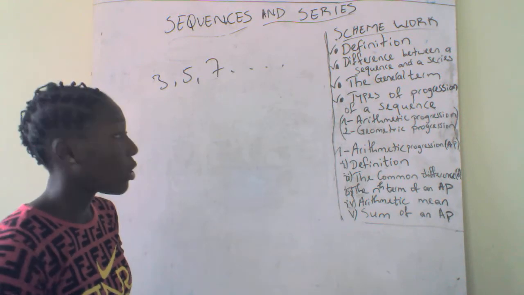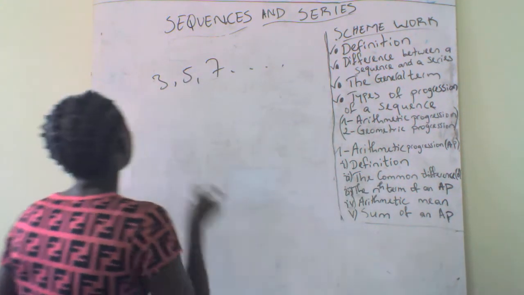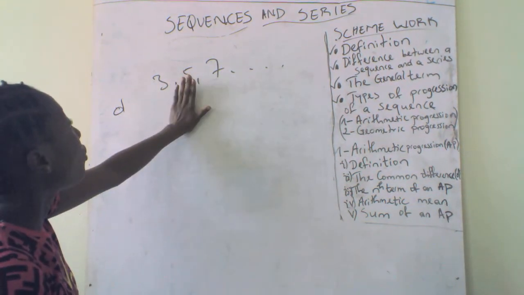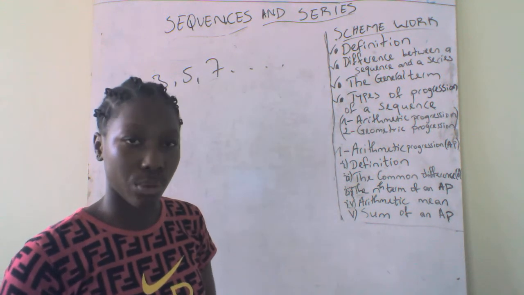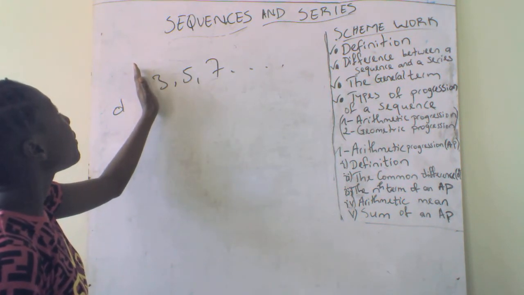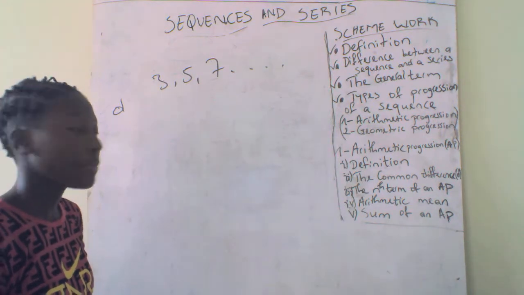That 2 can be called the common difference. This common difference, denoted as D, is the number which proves that a sequence is in an arithmetic progression, meaning there is a constant number between the individual terms.